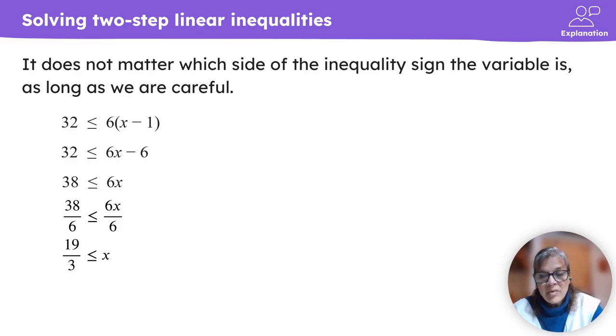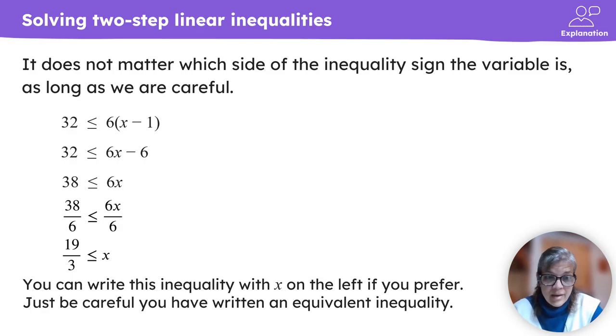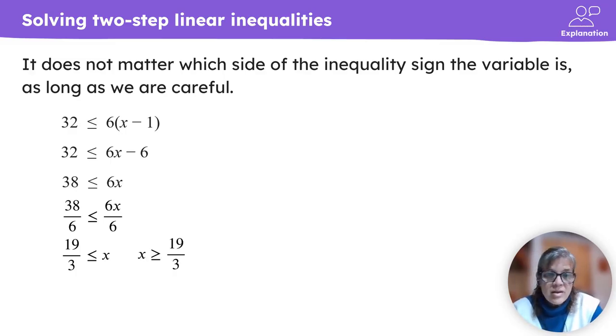If I want to write that with the x first, I can. I can have the x on the left-hand side, but I have to swing that inequality around with it so that I write x is then greater than or equal to 19 over 3. Or if you want to write it as a mixed fraction, x is greater than or equal to 6 1/3.